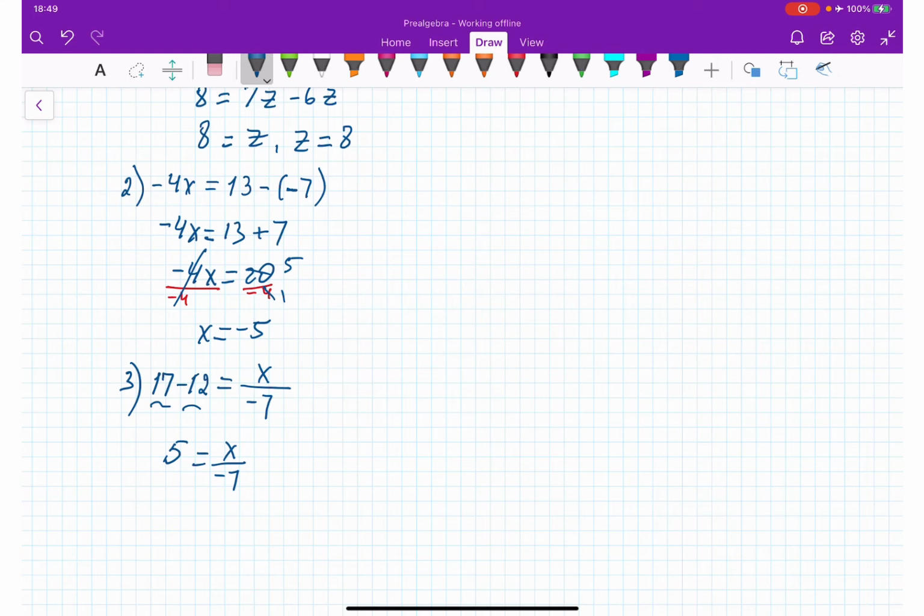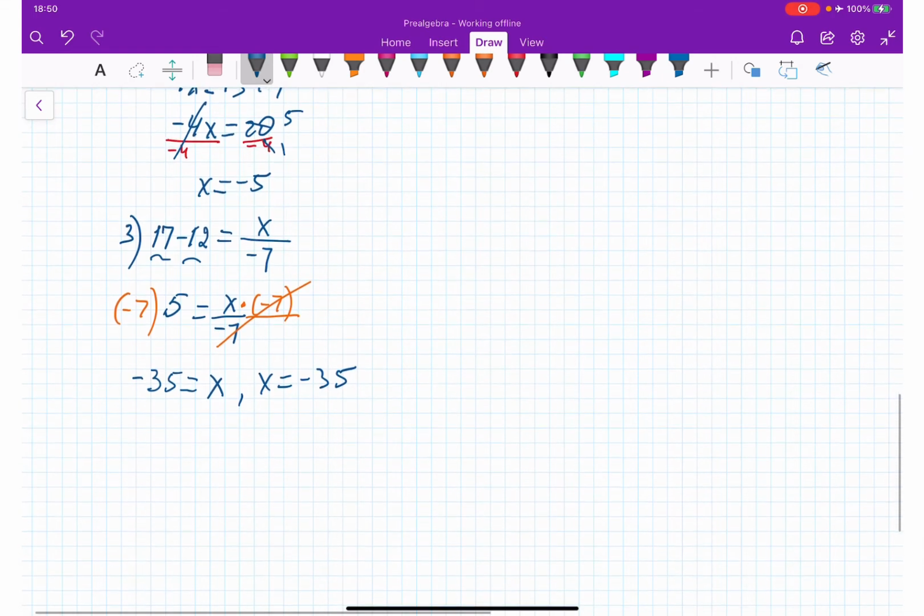We need x by itself without negative 7. Since here we have divided by negative 7, that means we need to multiply by negative 7, which means you have to multiply by negative 7 here also. So negative 7 is gone. And we get negative 35 is equal to x. Or x is equal to negative 35.